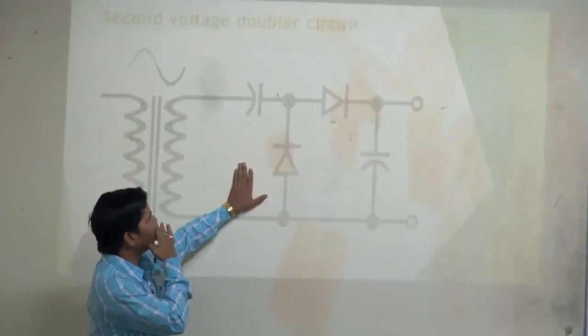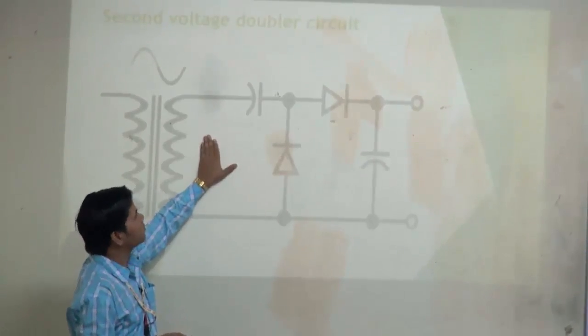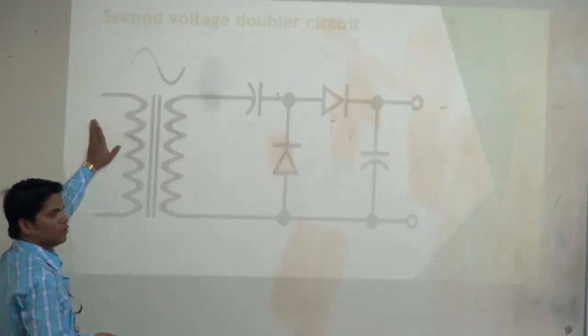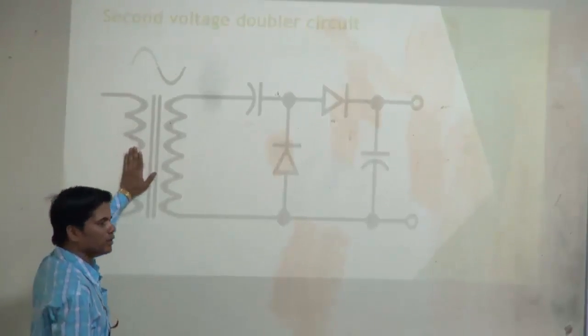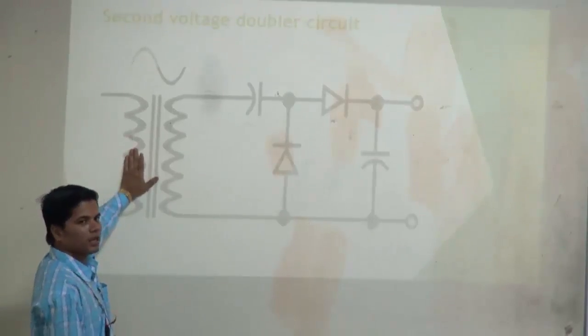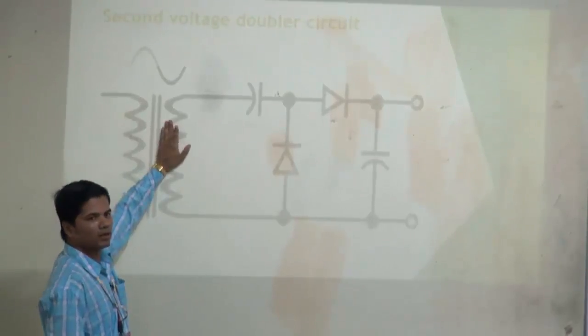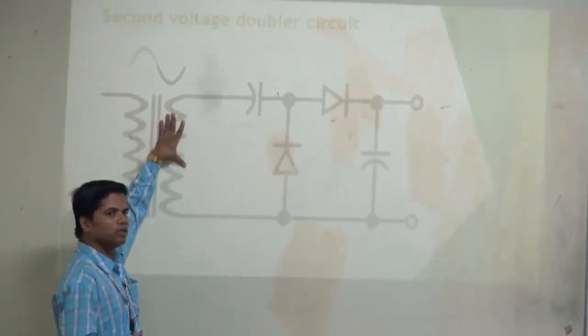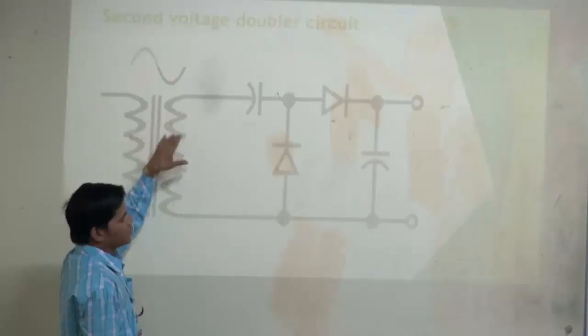Here also we will come for the positive half cycle as well as the negative half cycle. So this is the sinusoidal voltage you are getting here. We have already discussed the positive half cycle, now just start from the negative half cycle. Whenever we are providing the negative half cycle, how is it working?